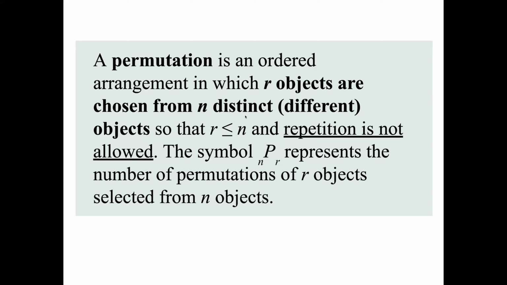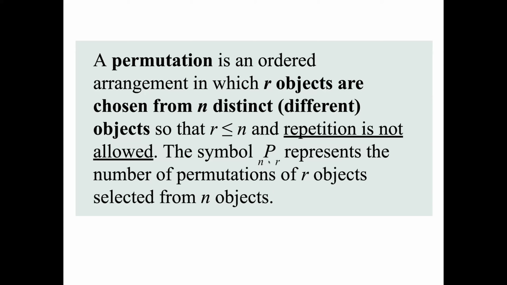So this is the symbol for permutations. When you see something of this symbol, the subscripts are before and after the capital P. What you're talking about is the mathematical representation for calculating the permutations of a given scenario.